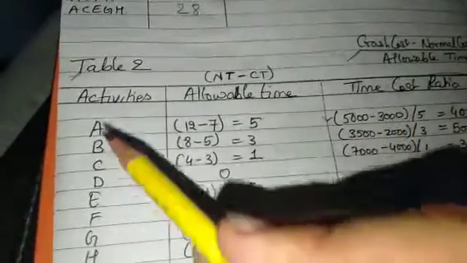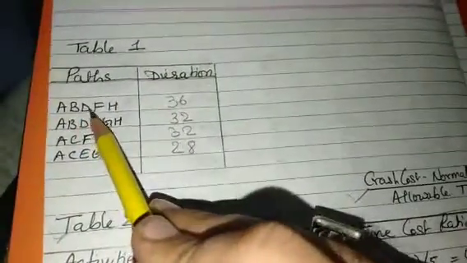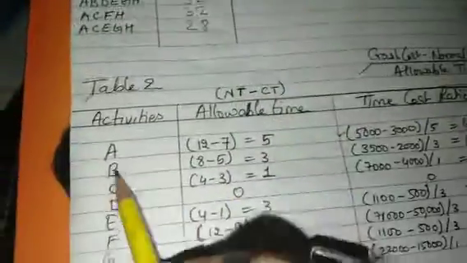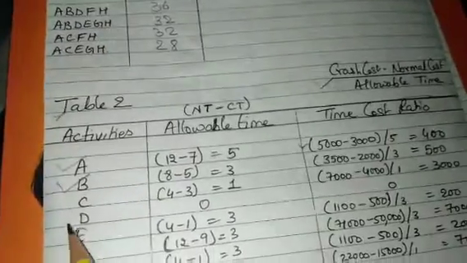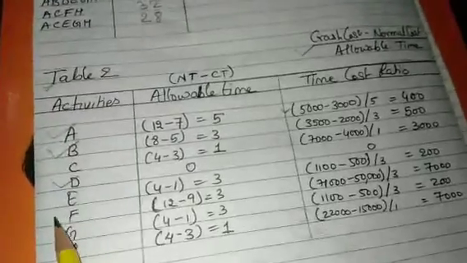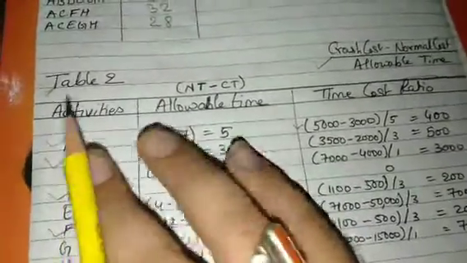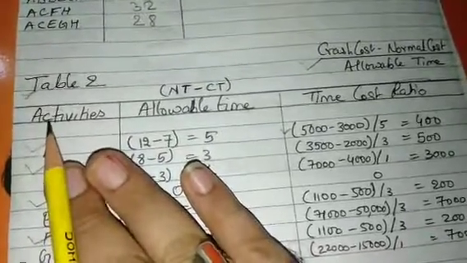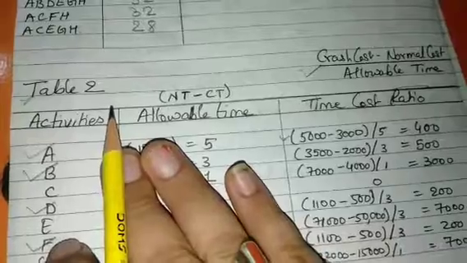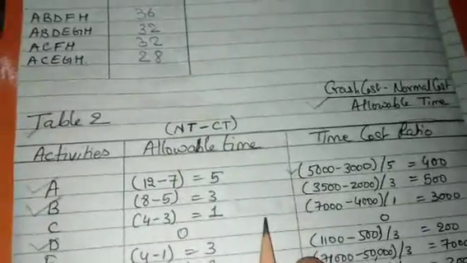Now I will see which activities are on the critical path: A, B, D, F and H. These activities can be crashed, because they are on the critical path, and by crashing them, the duration of the project will be reduced.